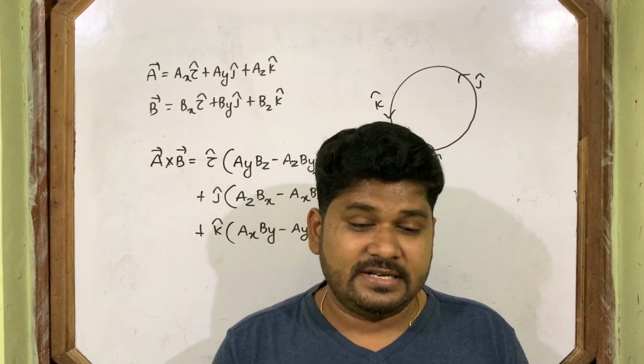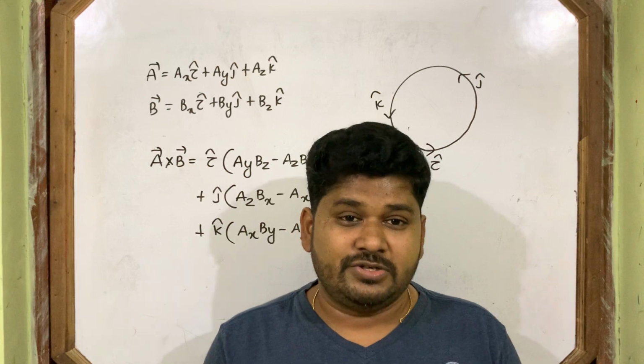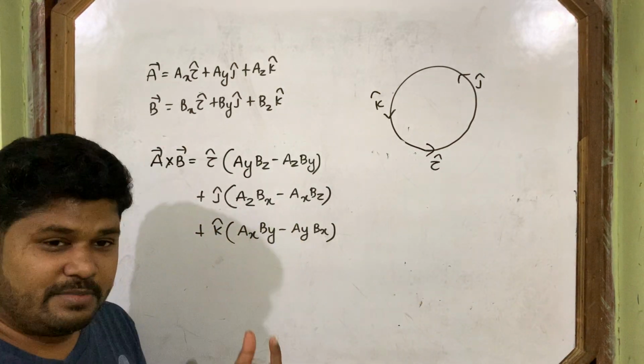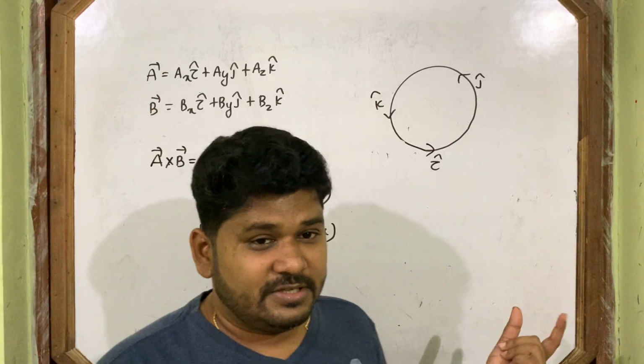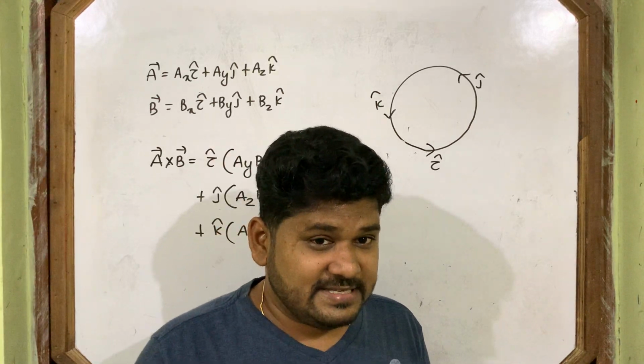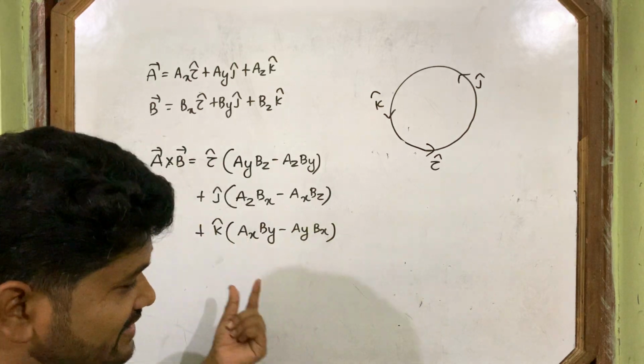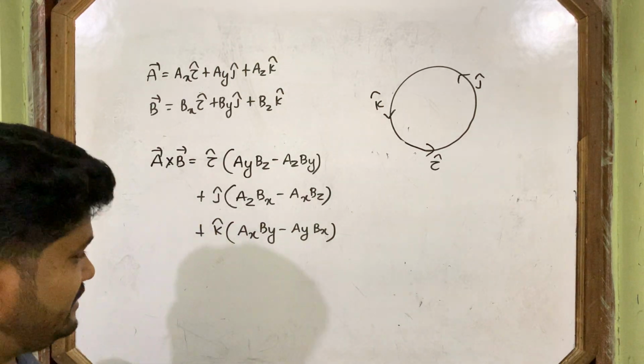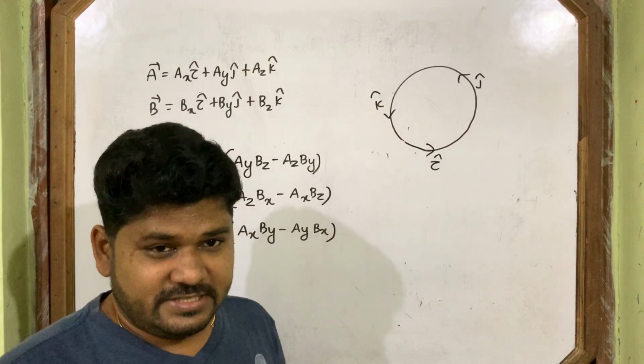Determinants will be taught to you by your mathematics teachers, but I am telling a little about that because mathematics is the language of physics, and here we have to remember some determinant. I am just telling you for 2 minutes.